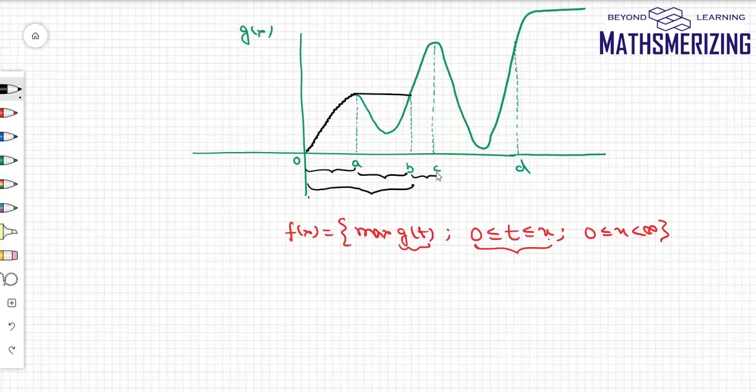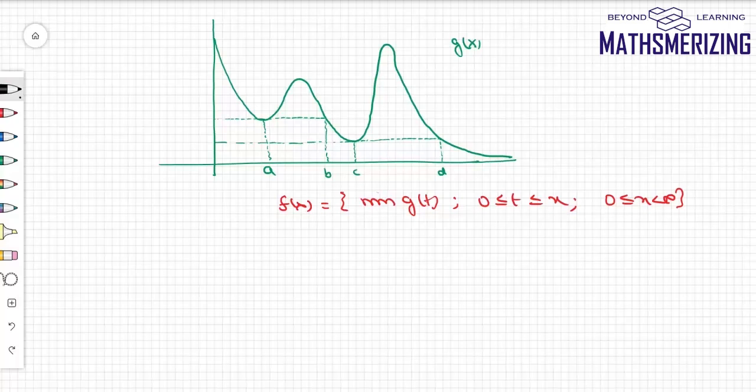So in the interval 0 to c, the maximum value of this function will occur at x. Now again, between c and d, if I choose any point x, then in the interval 0 to x, the maximum value will be at c. So then again, between c and d, it will be a constant function. And after d, it again is an increasing function. So my f(x) will be same as g(x).